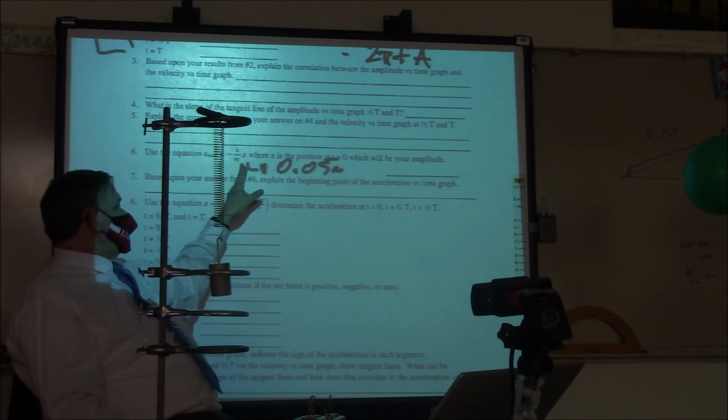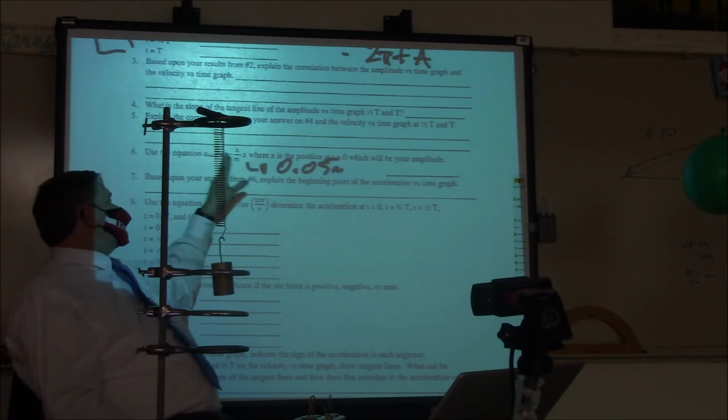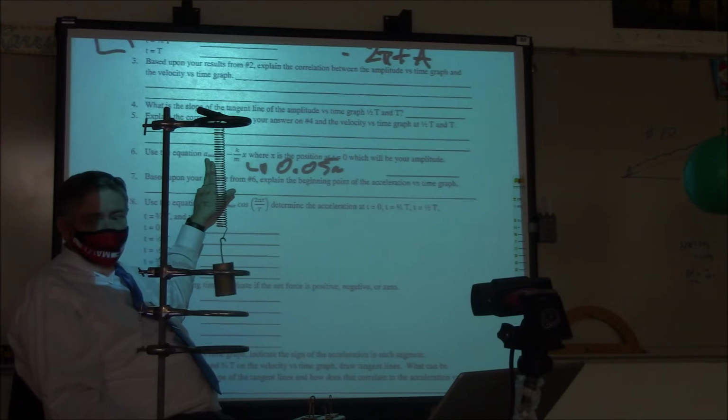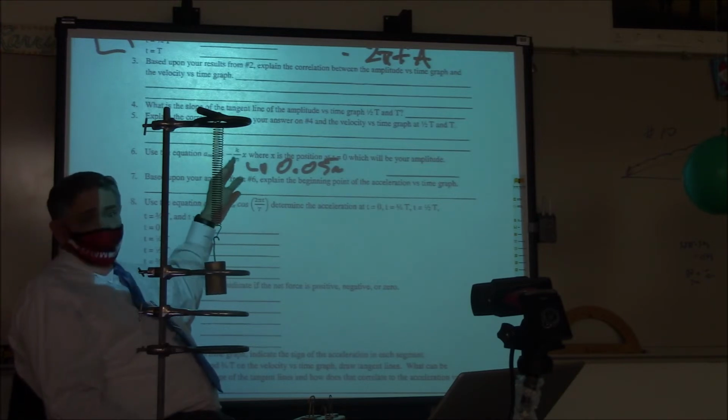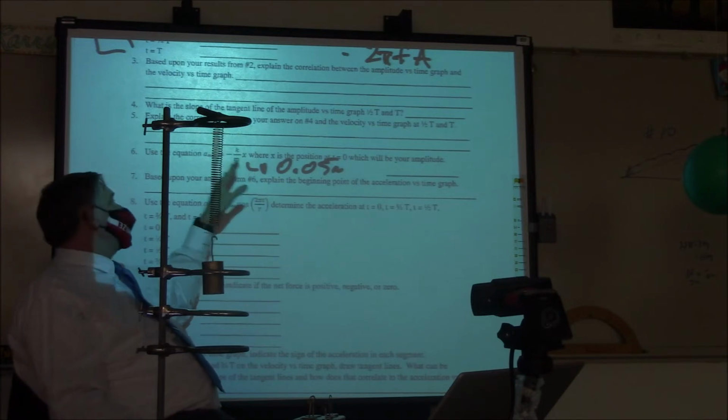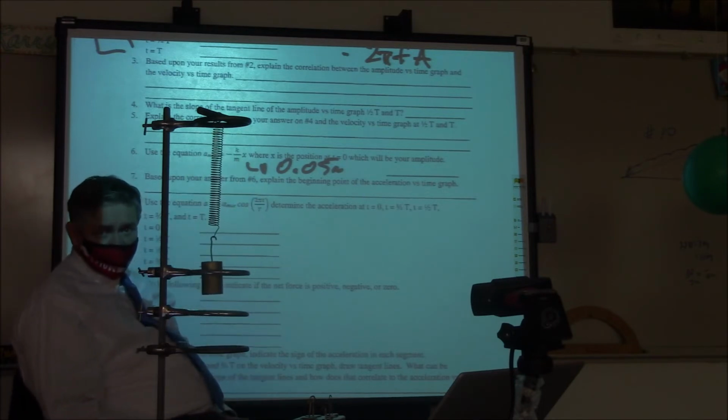So as mass gets bigger, what's going to happen to your maximum acceleration? It's going to decrease. So when the mass becomes bigger and bigger and bigger, you get a smaller and smaller maximum acceleration.